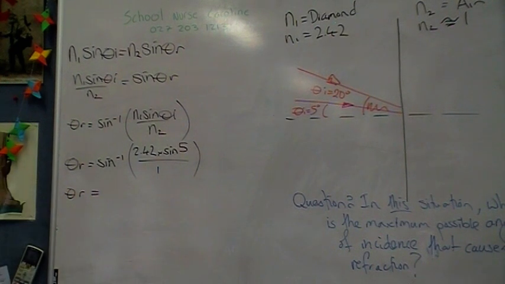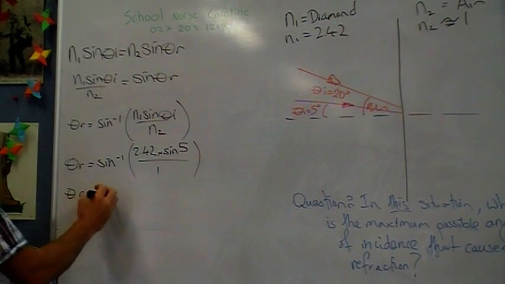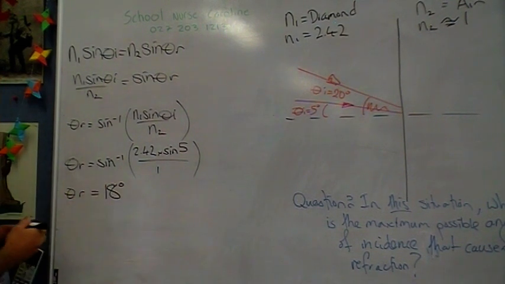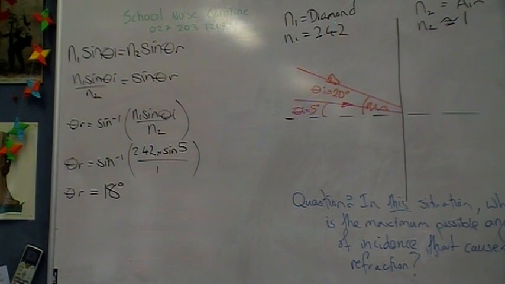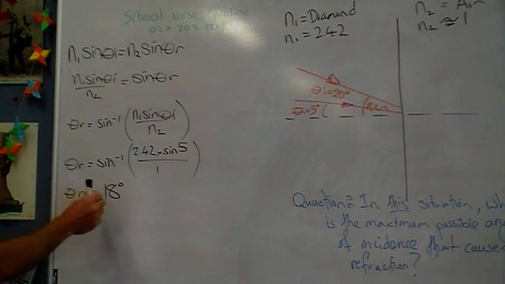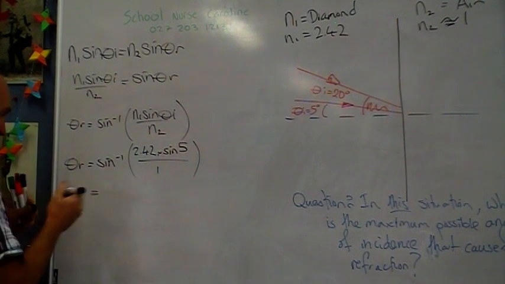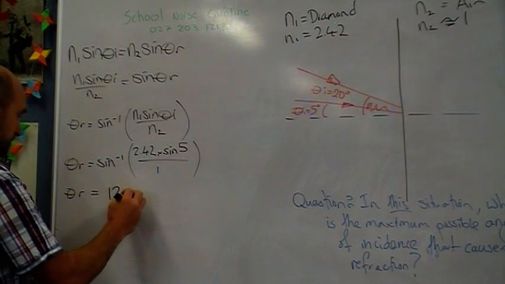Who's got the answer for the first one? Not me. I'm too slow for that. 12.18. It's rounded to 2 decimal places.